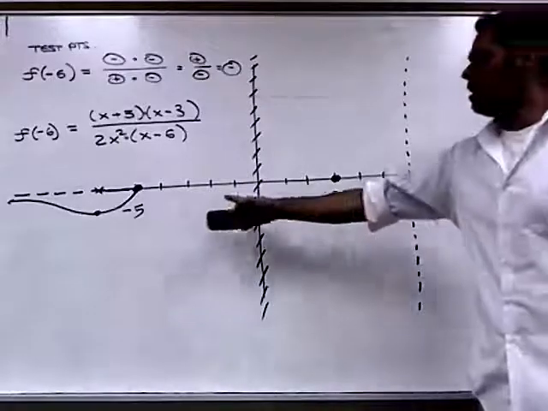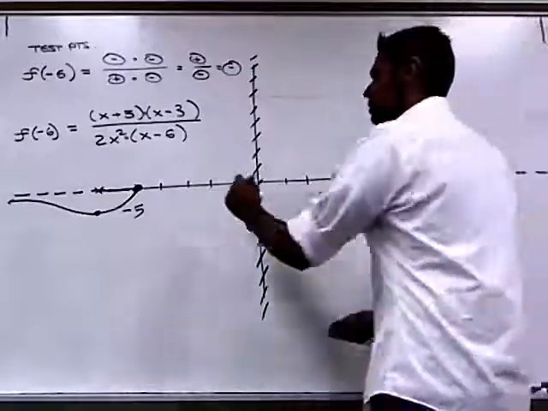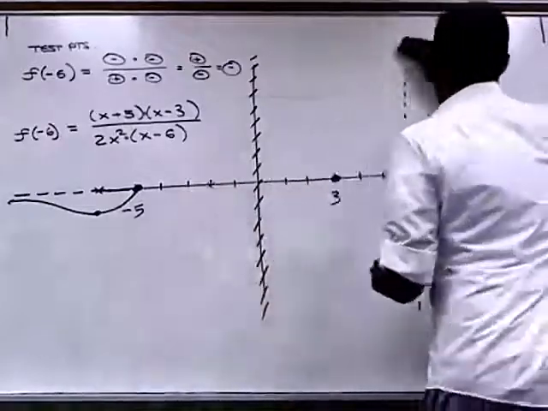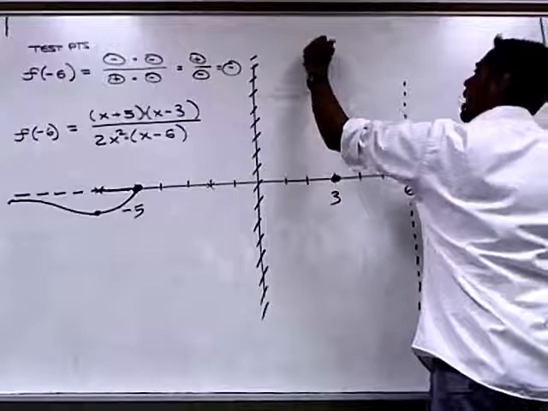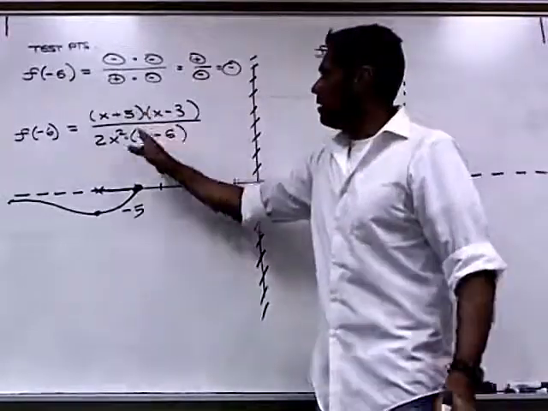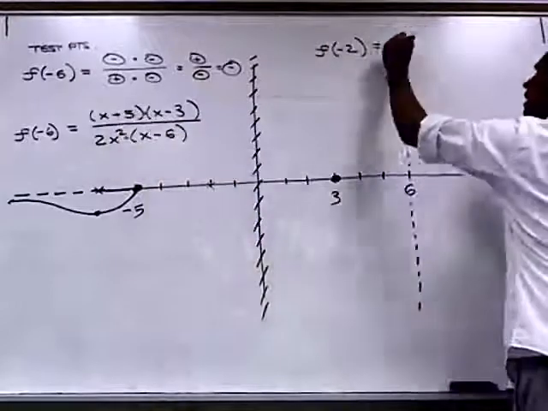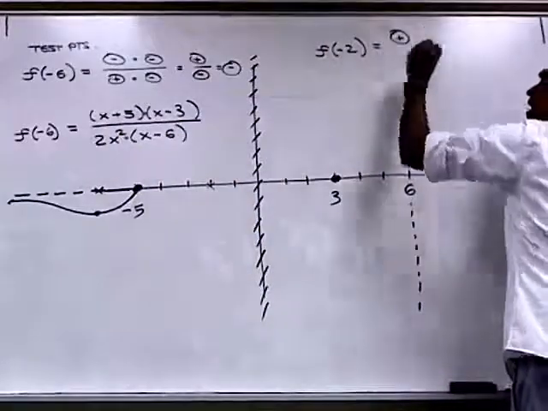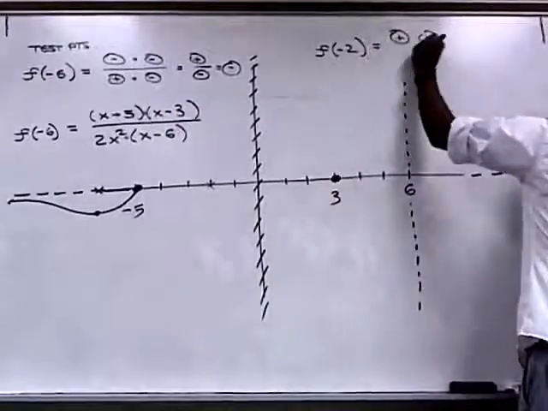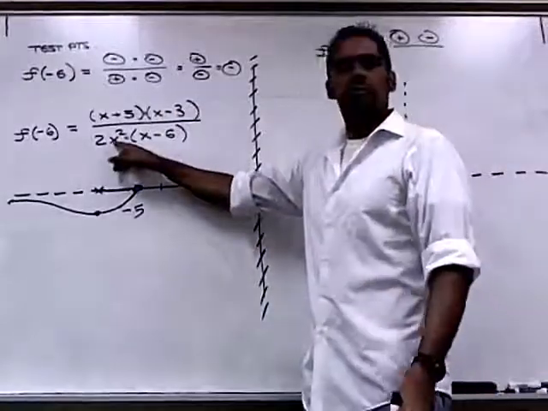Now, give me a test point in here. Negative 2. Okay? Right there. So now I'm going to test negative 2. F of negative 2. Watch how quickly I do this. Negative 2 plus 5? 3, right? Positive. Times negative 2 minus 3? Negative 5. Negative 2 squared doesn't matter.